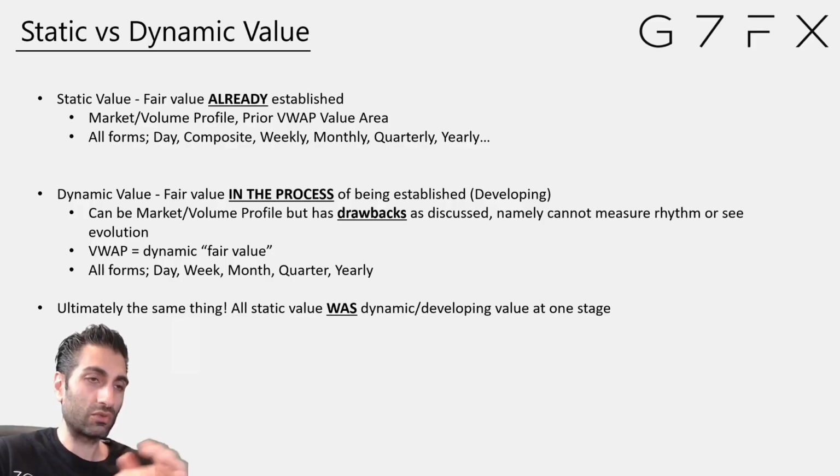more market orders go into, for example, a yearly VWAP than they do into the quarterly VWAP. More go into the quarterly VWAP than they do into the monthly, more go into the monthly than go into the daily.